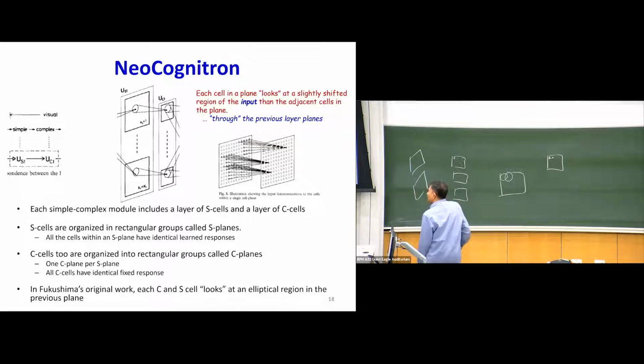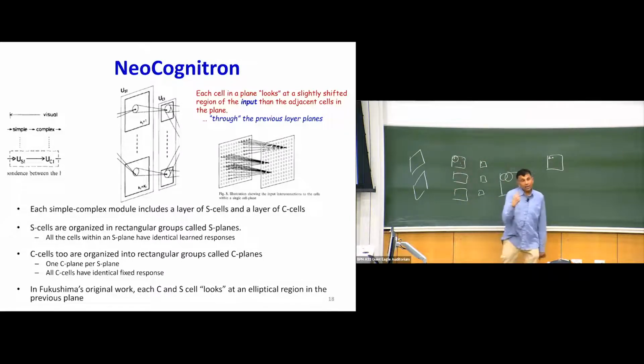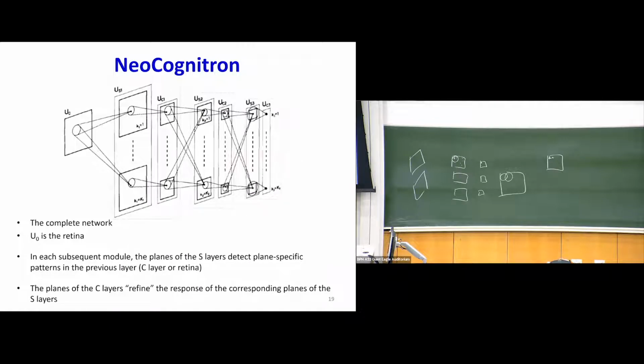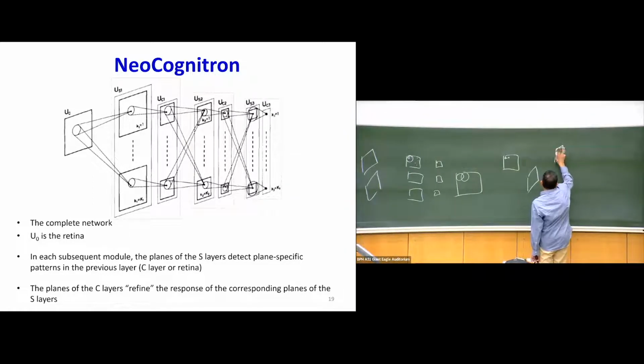Now, corresponding to these S planes, there's a C plane. The cells in the C plane are arranged according to the position in the incoming image itself. And each cell in the C plane responds to a small region of cells in the corresponding S plane. So you have one C plane per S plane. When you consider just the input, this is your image, then within any S plane, each of the cells is going to look at a different region of the input.